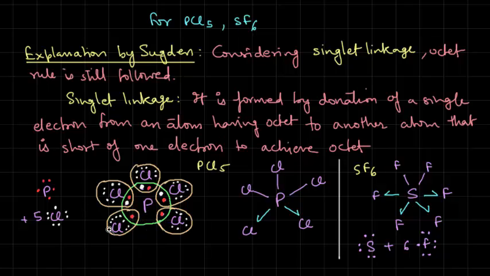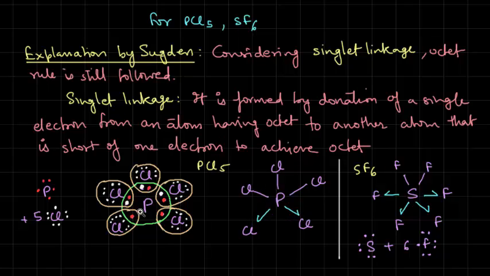So now chlorine also has 8 electrons, and this electron is considered to be donated. It is represented by the shape of a half arrow. So these are your normal bonds and these are the singlet linkages.